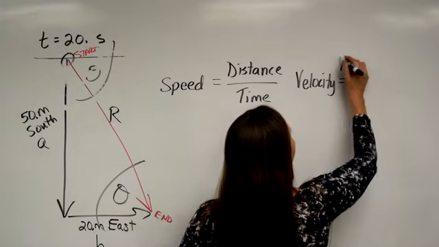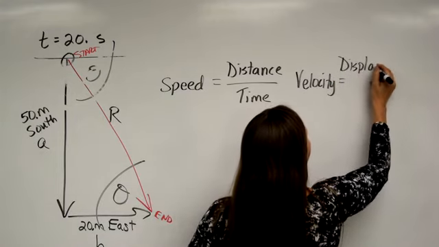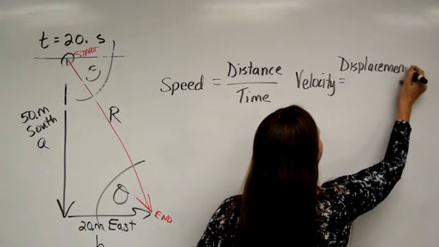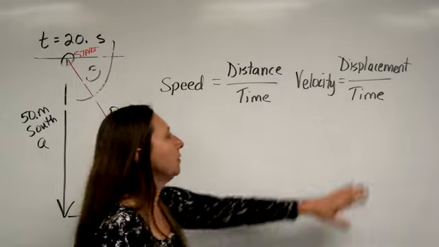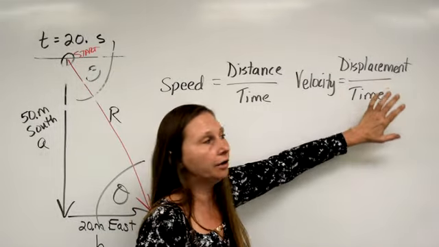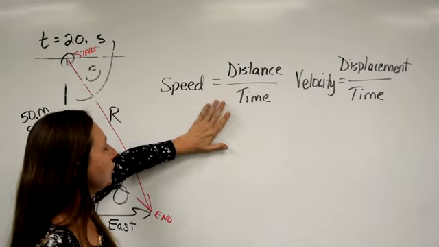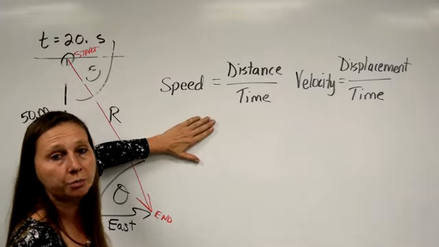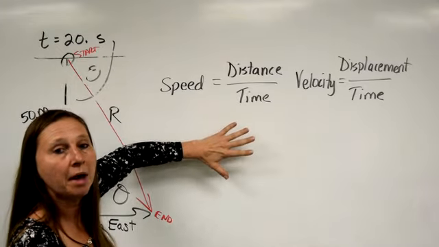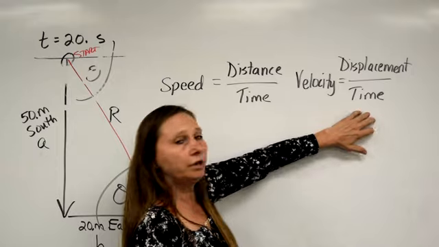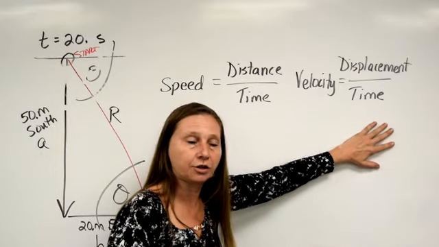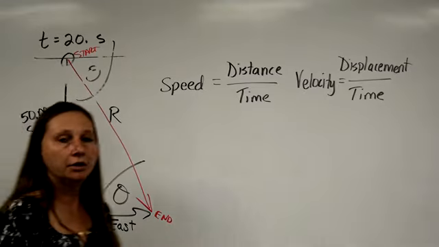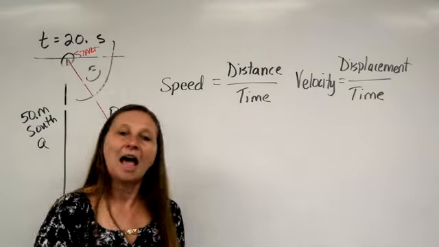It's calculated by figuring out the displacement and dividing it by the time. The directions are important here. Directions are not important here. When you report the speed, you're only reporting a magnitude. If you report the entire velocity, you're reporting the magnitude and the direction. In a case like this, the direction involves an angle.